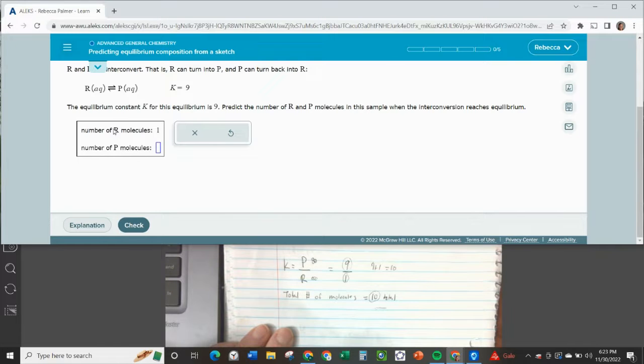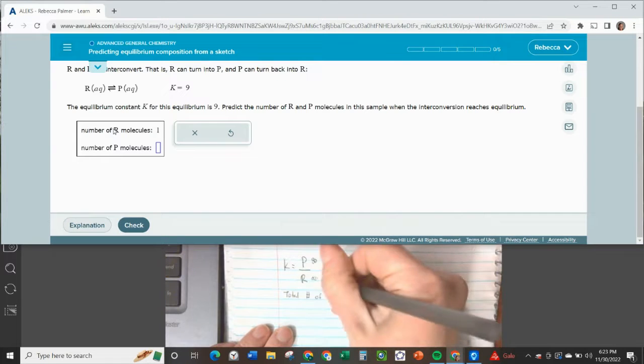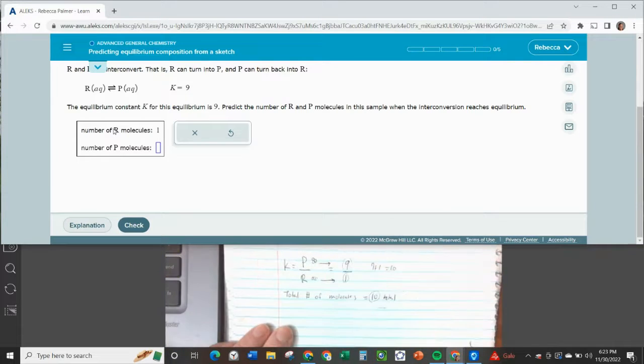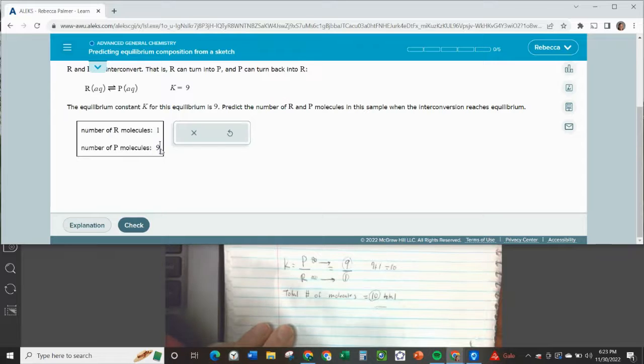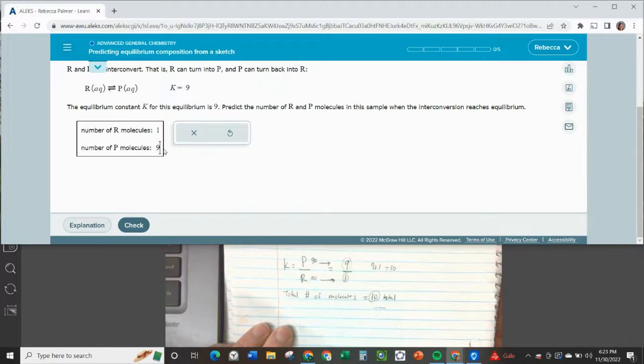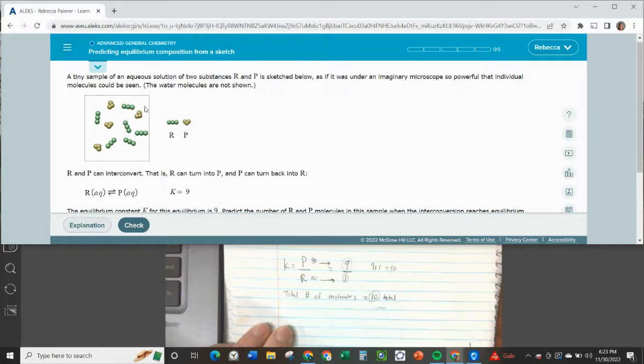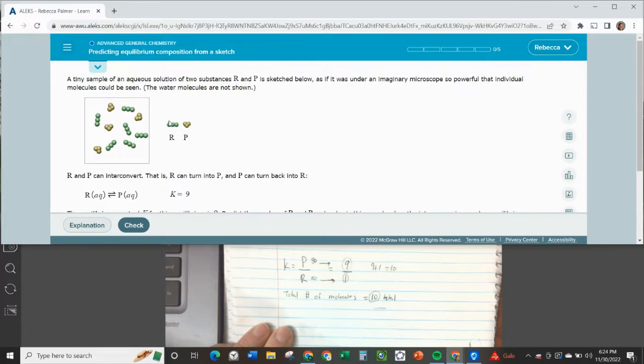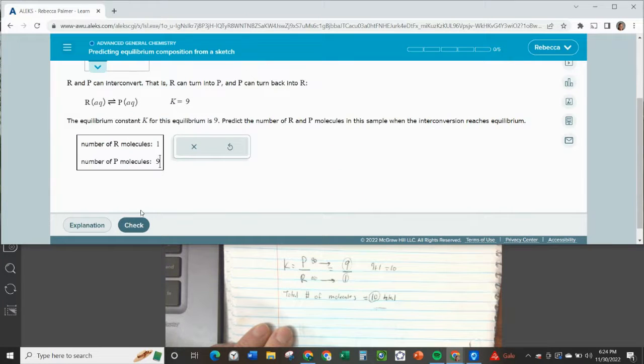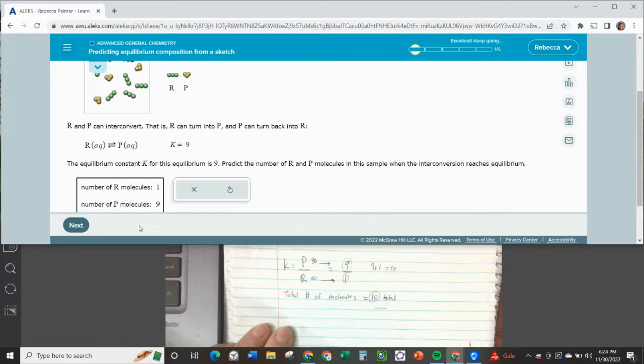So for reactants, we need 1 of those, with 9 products. This is a total of 10. We can only have 10. Our sample size is fixed to the number of molecules in our box. And so at equilibrium, we should have 9 products and 1 reactant molecule.